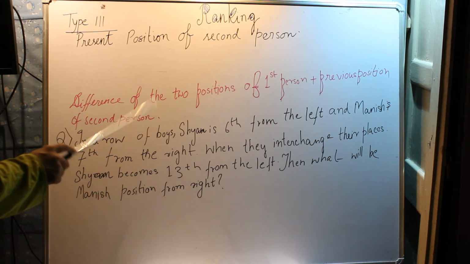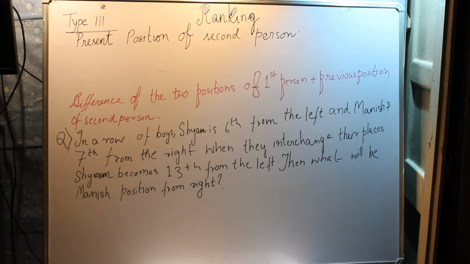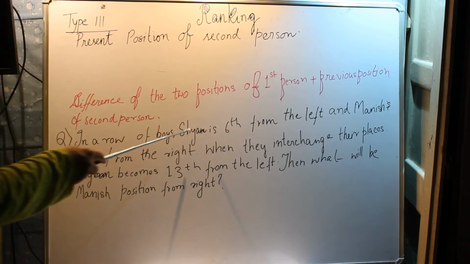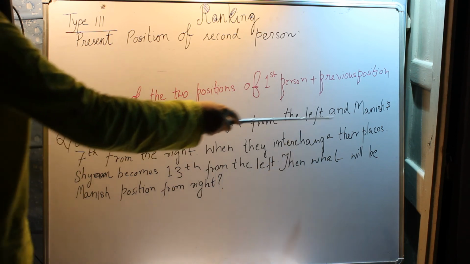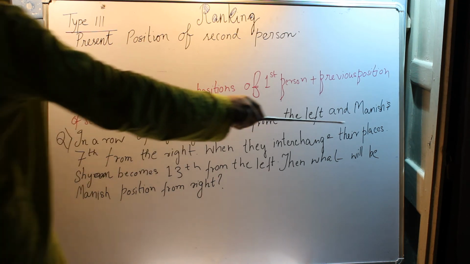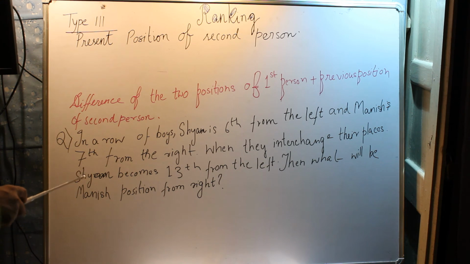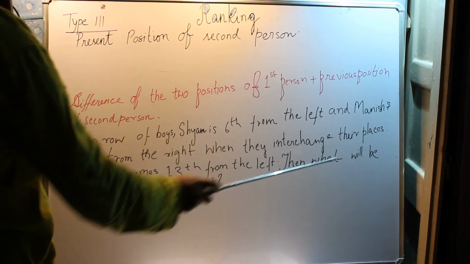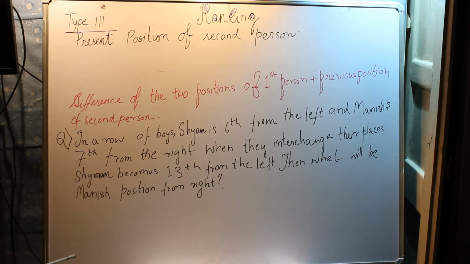In a row of boys, Sham, the first person, is 6th from the left, and Manish, the second person, is 7th from the right. When they interchange their places, Sham becomes 13th from the left. Then what will be Manish's position from the right?